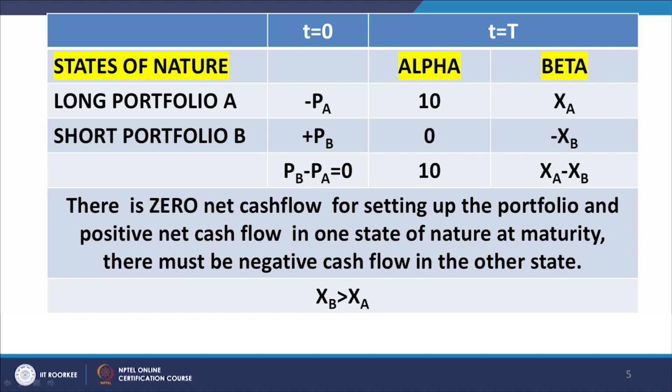Now, clearly, because the cost of the portfolio is 0, the expected payoff should be 0. And because the payoff in the alpha state is 10, whatever probabilities we allude to for alpha and beta, howsoever small or large the probabilities of the occurrence of state alpha and beta may be, it must necessarily be that the state beta must have a negative payoff.